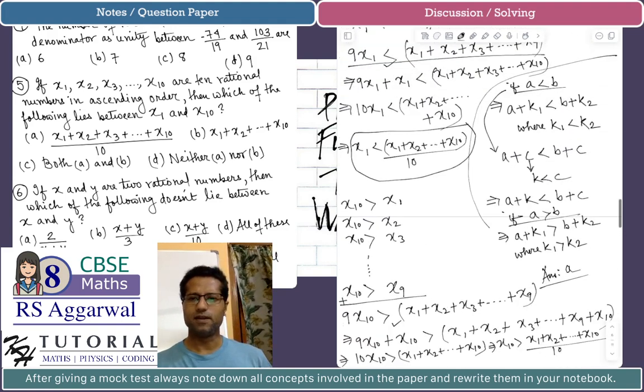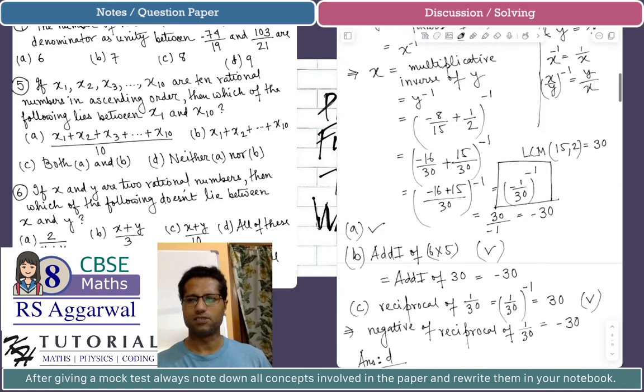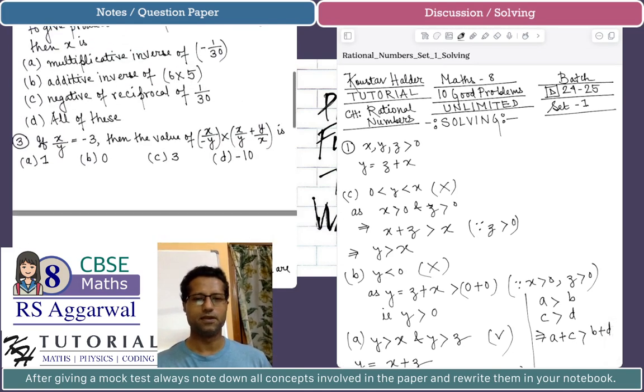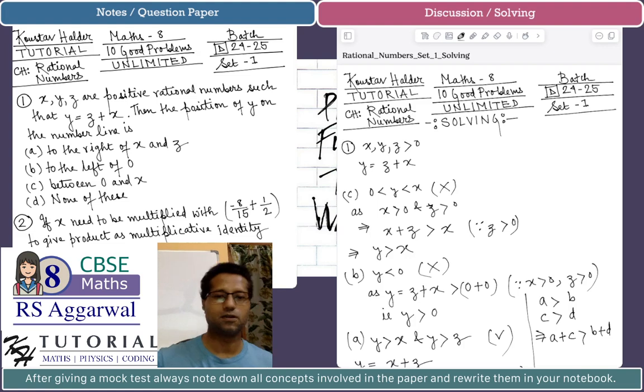So this brings to an end solving the 10 good problems of set 1 on the chapter of rational numbers. Solving these problems will really give you a good evaluation of your understanding of the concepts of rational numbers.